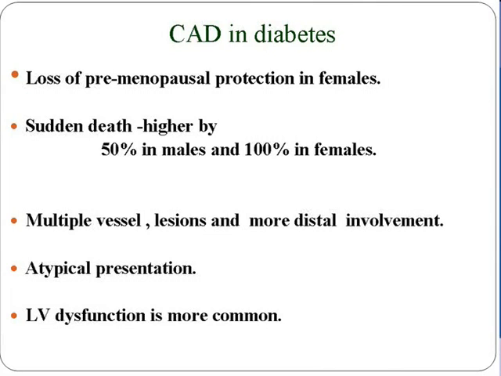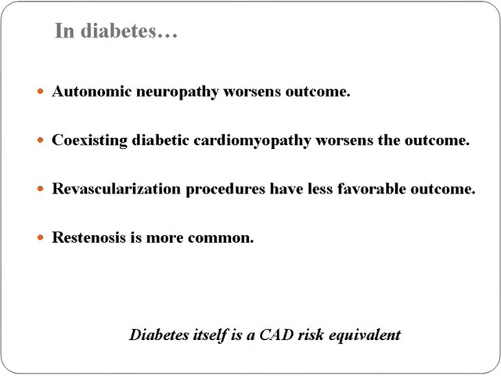The disease is also characterized by multiple lesions, multiple vessel involvement and more distal involvement. It means it is more difficult to manage these arteries. These patients have atypical presentations and present with LV dysfunction more commonly, even at initial presentation. In addition, the autonomic neuropathy of diabetes worsens the outcome.